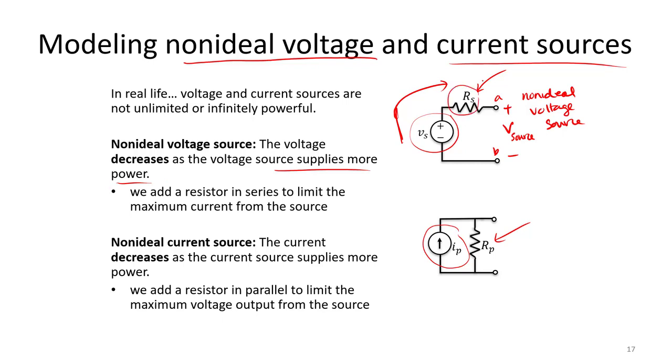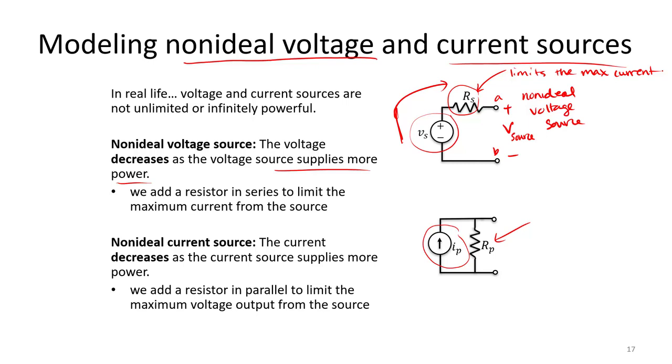Basically this resistor limits the maximum current that we can produce. So it allows the voltage source to have more realistic behavior. We can only supply so much voltage, so much current before we max out.